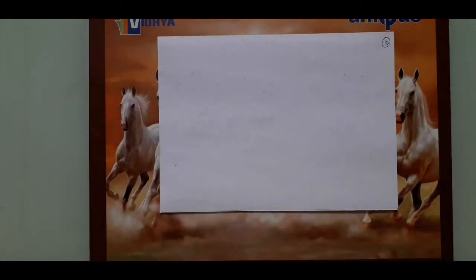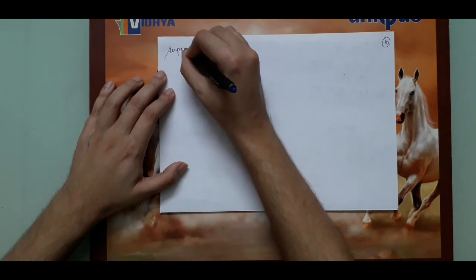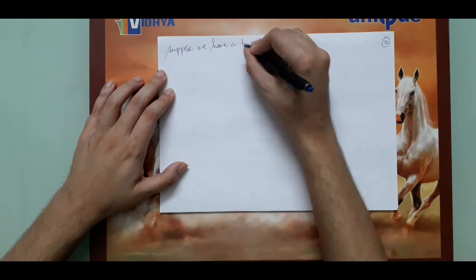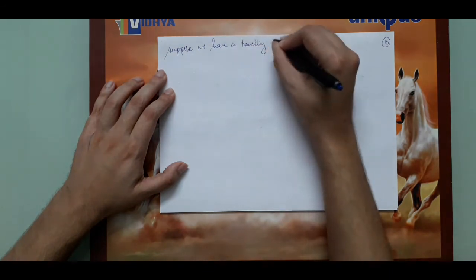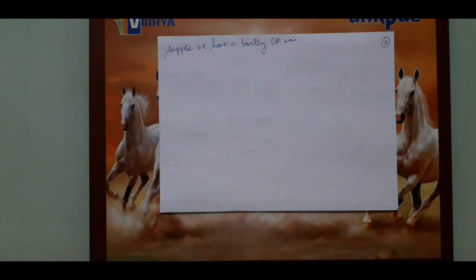Now let us look at some special cases of this Poynting's vector. Let us say I have an electromagnetic wave, a traveling electromagnetic wave, whose fields are functions of space and time.